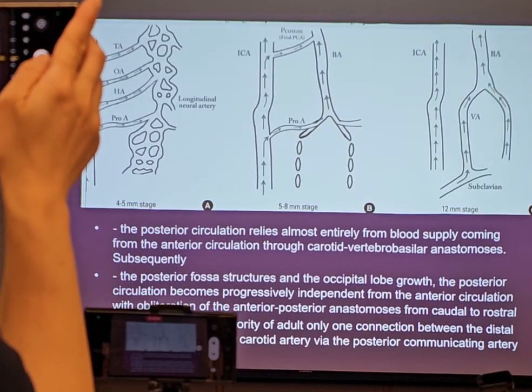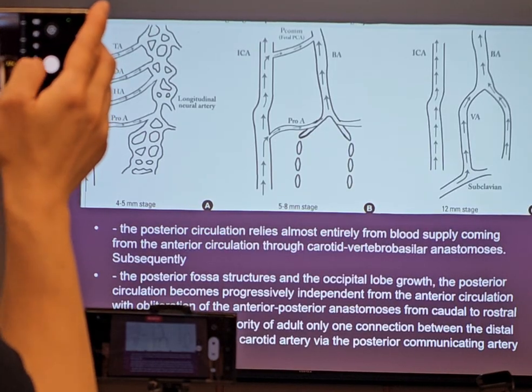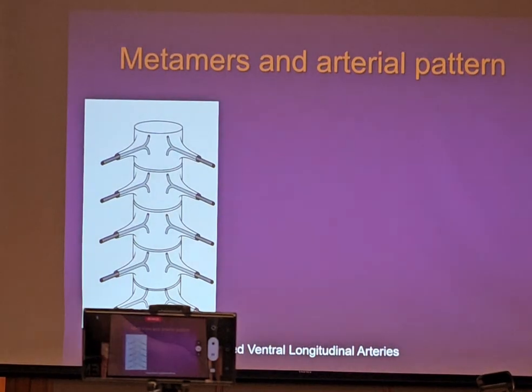So usually it is left with the posterior communicating artery. With the forming of the lower system, the flow canal starts to be upward. So the flow change now makes the two systems mostly separate.